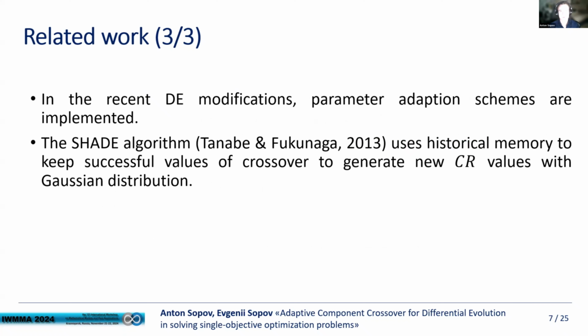In recent differential evolution specifications, for example, in the SHADE algorithm introduced in 2013, adaptation schemes were implemented. For example, the SHADE algorithm uses historical memory to keep the values of the crossover rate which were successful, and then uses them to generate new values.